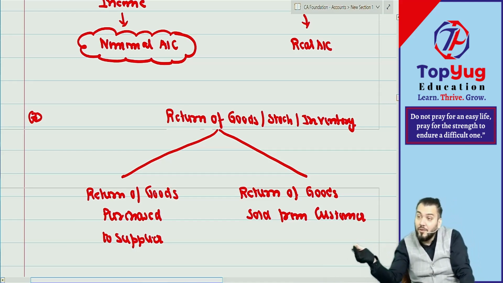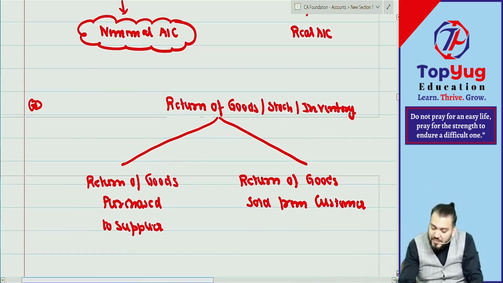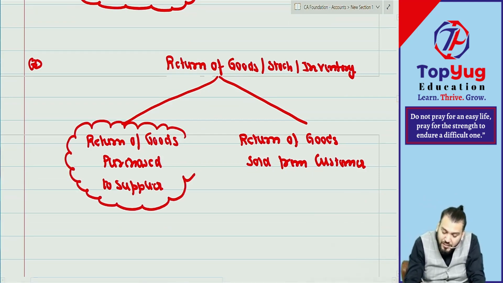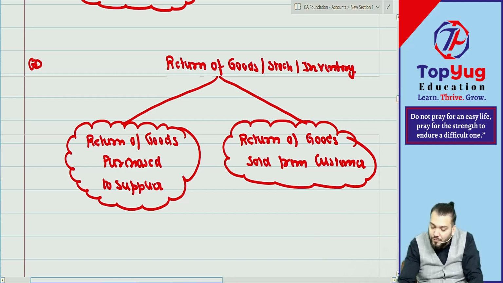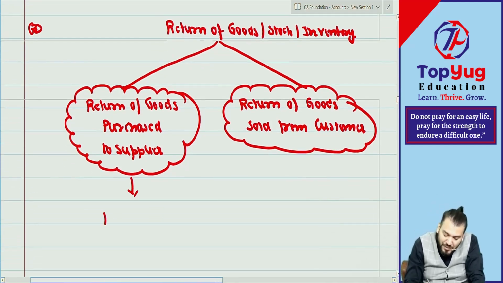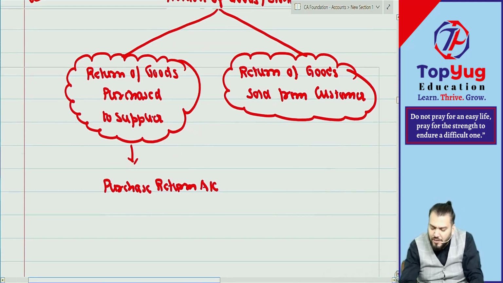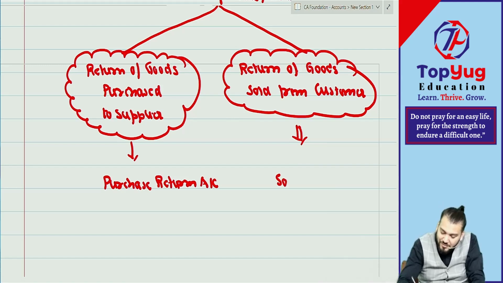Means we have sold it, now the customer has returned it to us. Understood? Can I say, for this we have already opened which account? Purchase account. For this we have already opened the sales account. So for this we open the purchase return account. This is a specific name. We cannot use any other account. Purchase return account. Or it is also known as sales return. Sales return account.